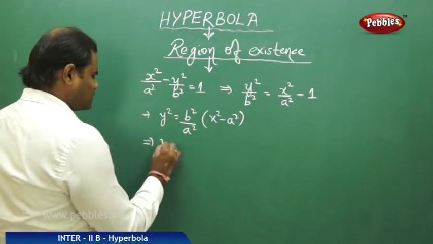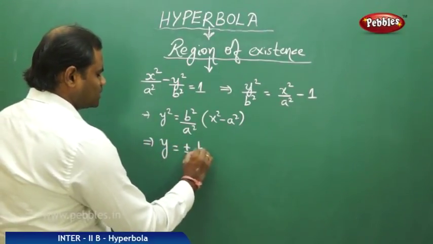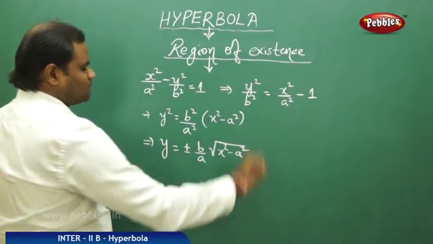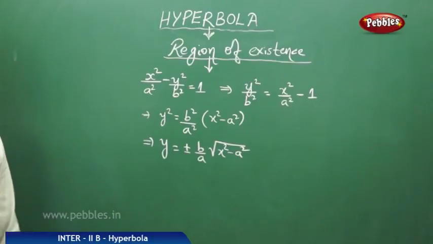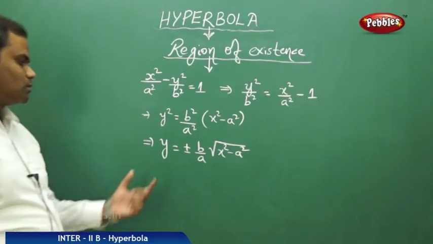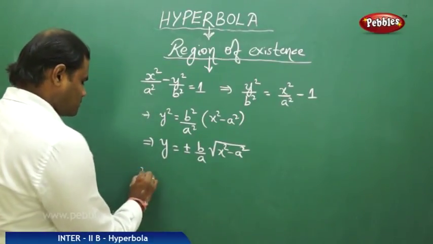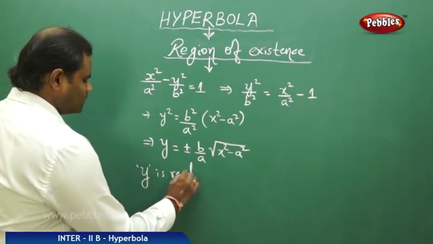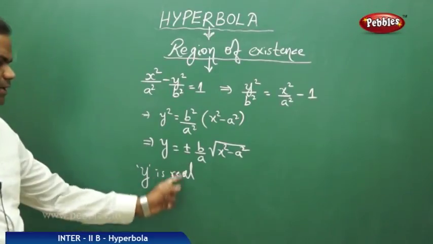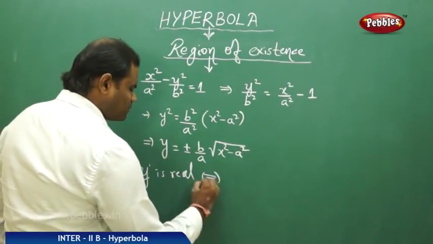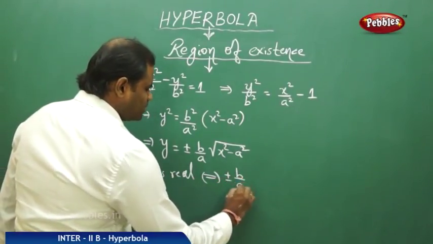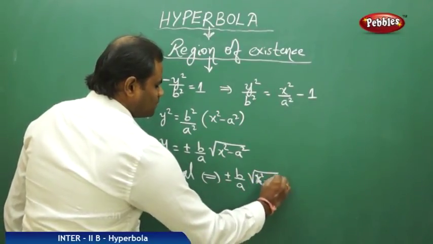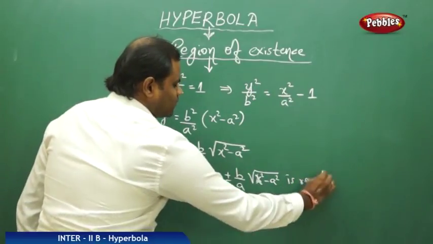That implies y is plus or minus b by a times the root of x squared minus a squared. Now the y value is set to be real. The value of y is real if and only if plus or minus b by a times the root of x squared minus a squared is real.